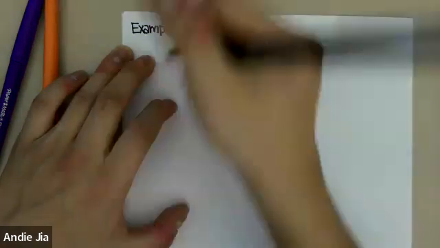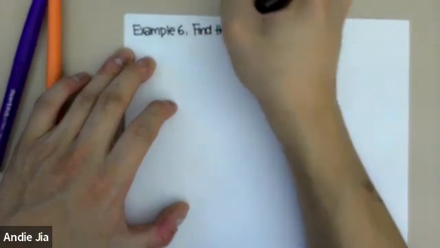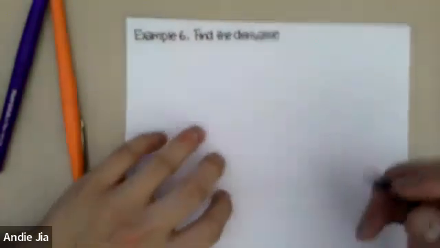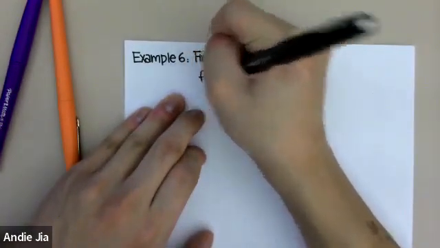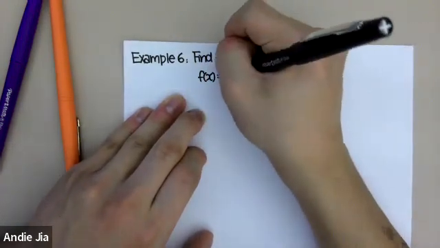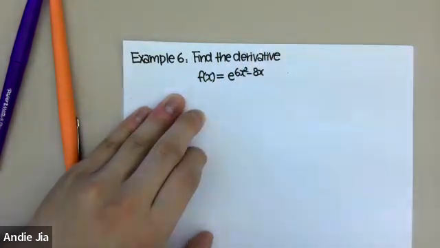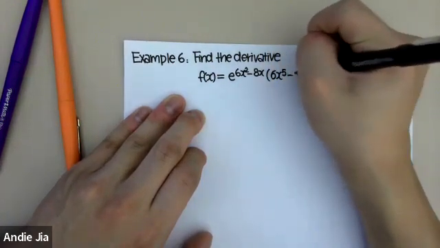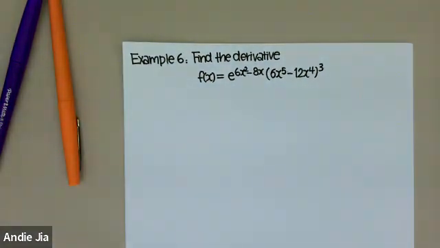Find the derivative. We have f of x equals 2e to the sec x squared minus 8x. This chunk is 6x to the fifth minus 12x to the fourth, to the cubic.